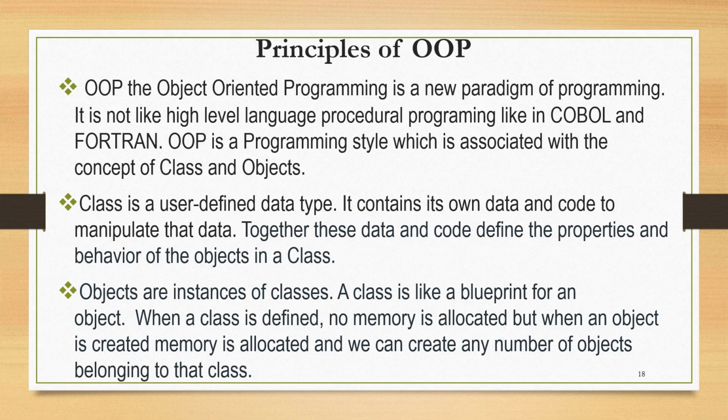Now we will see something new. This is OOP, object-oriented programming. This is a new style of programming. Let us see what it defines, what it tells. OOP, object-oriented programming, is a new paradigm of programming. It is not like high-level procedural programming languages such as COBOL and Fortran.